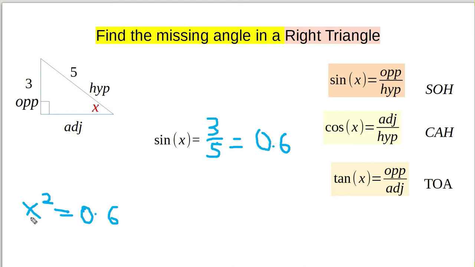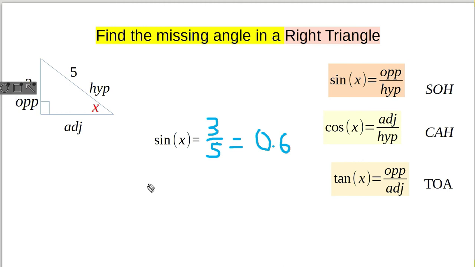So we'll find the square root of X squared, we have X, and then we'll find the square root of 0.6. In the same manner, when we want to find X, we'll have to use the sine inverse of 0.6.